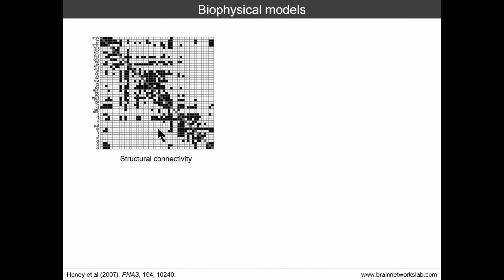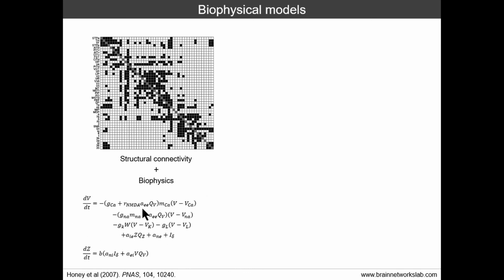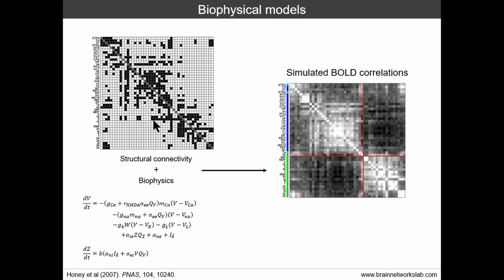Black indicates the presence. And we're going to take this connectivity matrix and couple it with those biophysical models, the neural mass models, which we already saw those differential equations. When we simulate this dynamical system, it gives rise to population level activity. We can convolve that with a BOLD-like response, and it gives us simulated BOLD correlation, simulated functional connectivity.